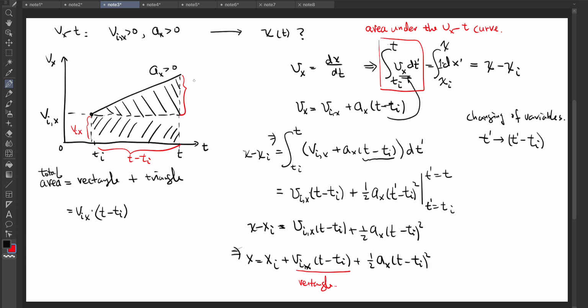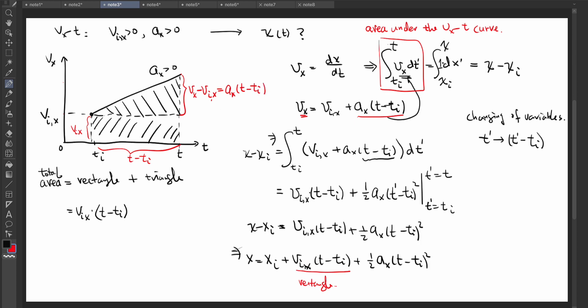This height here is the final velocity, Vx, minus Vix. Because Vix is up here, and then that's the final velocity. So the difference gives us the height. And that height is exactly this term. If I move Vix to the left side, I will see that, right? So that's Ax times (t minus ti).